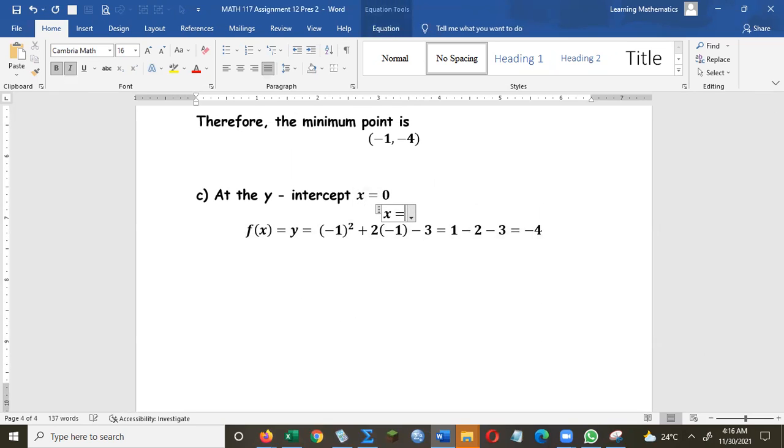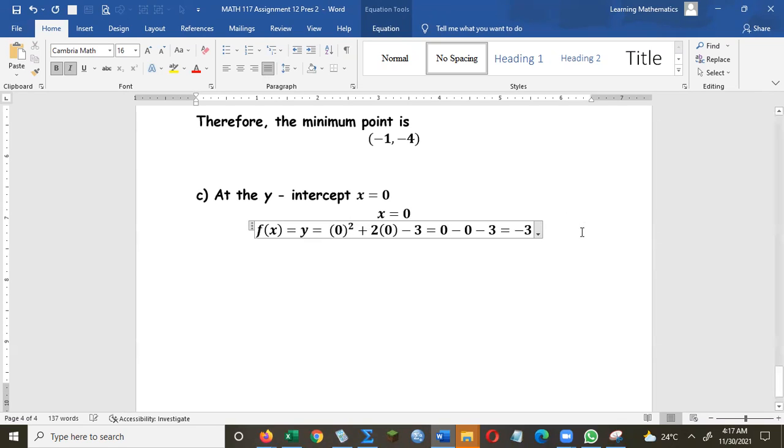So when x is equal to 0, we substitute 0 where we see x in the function, and we're going to get 0 minus 0 is 0, minus 3 is minus 3.